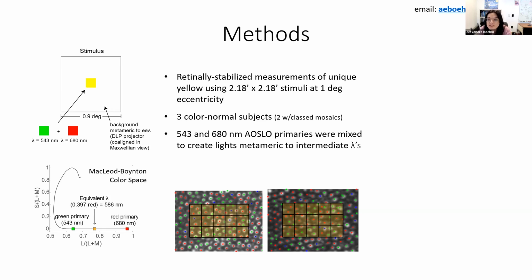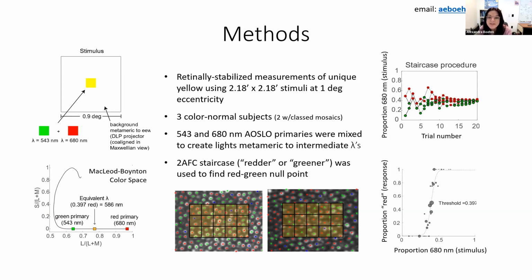So shown here is an example using the McLeod-Boynton chromaticity diagram with the spectral locus shown as the solid black line. In this example, a stimulus that was comprised of 40% red light and 60% green light appeared uniquely yellow, and this corresponded to a wavelength of about 586 nanometers.